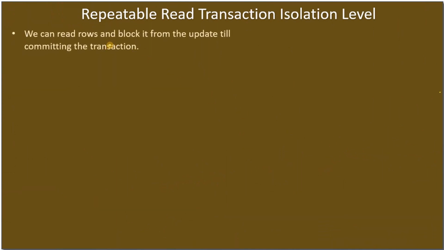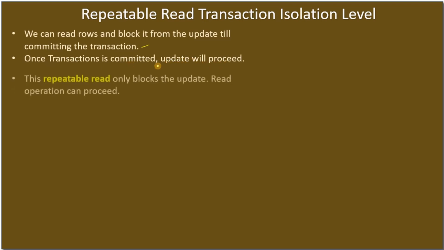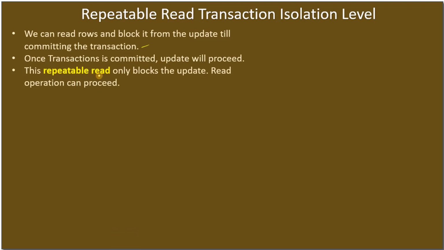We can read rows and block them from the update till committing the transaction. Once a transaction is committed, the update will proceed. This repeatable read only blocks the update.